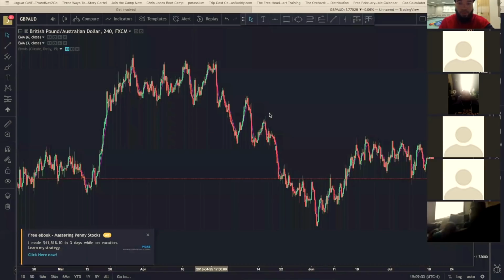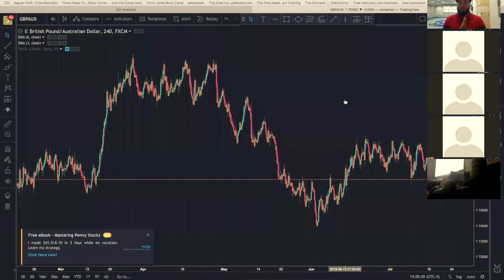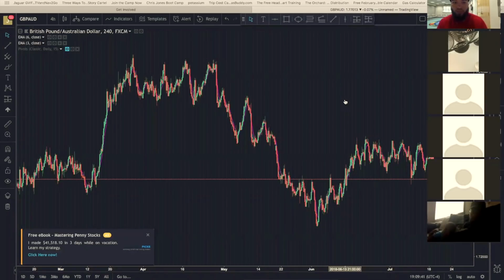So what I'm going to do is I'm going to share my screen here with y'all. I appreciate y'all hopping on. And the way I want to really do it is I want to show you guys how to find these levels and why they are so important. And then I want some of you to find the levels for me.